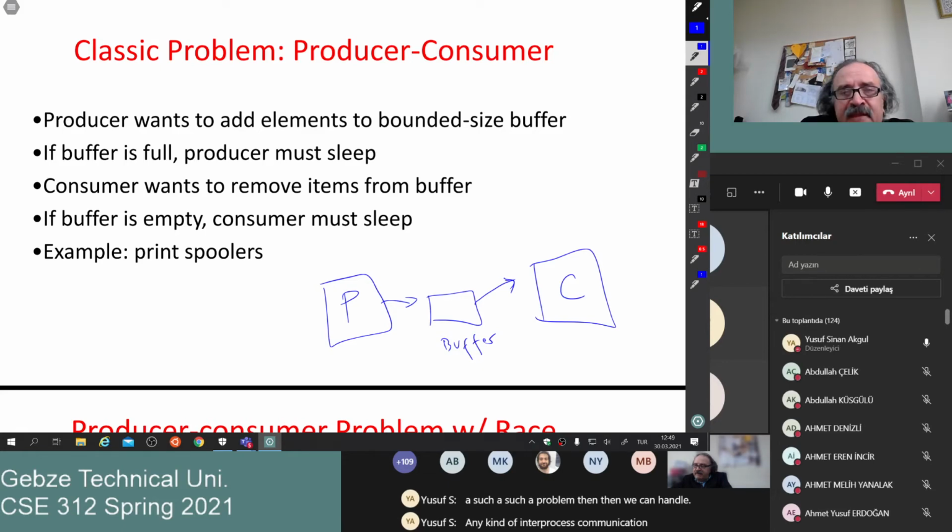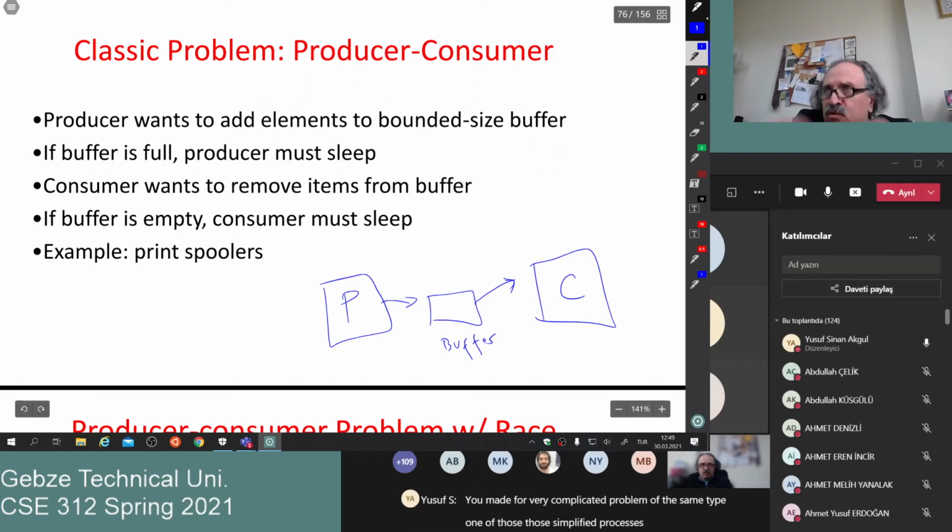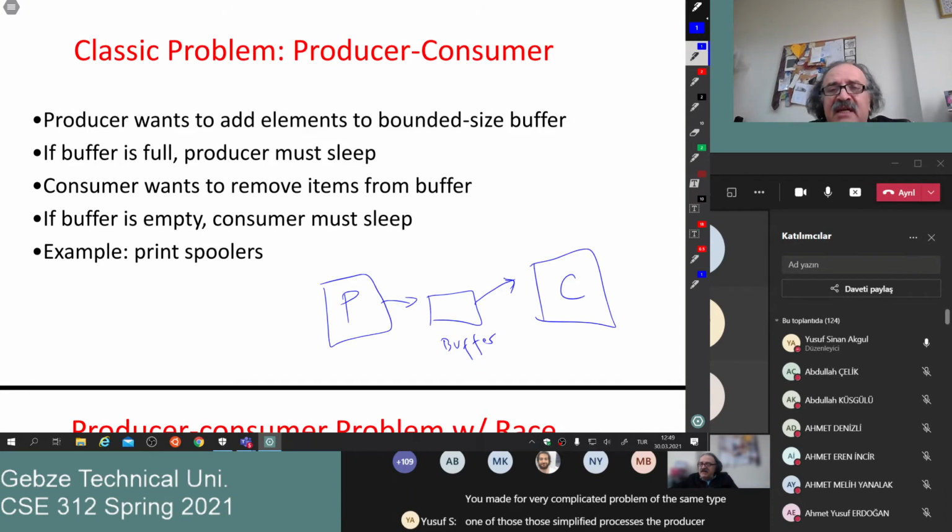In computer science, specifically in the operating system world, there are simplified problems. If you solve that simplified problem, you may solve a very complicated problem of the same type. One of those simplified problems is the producer-consumer problem, and we will see other examples of such simplified problems later in the semester.